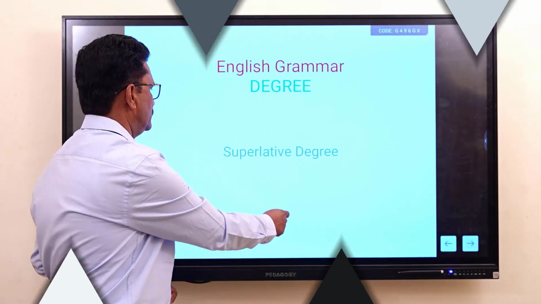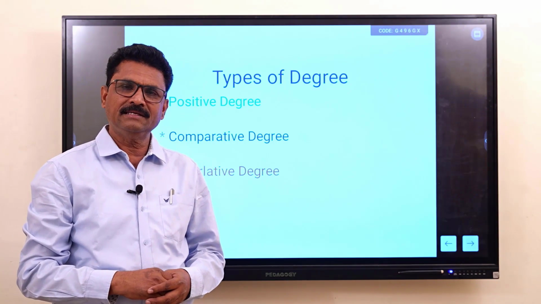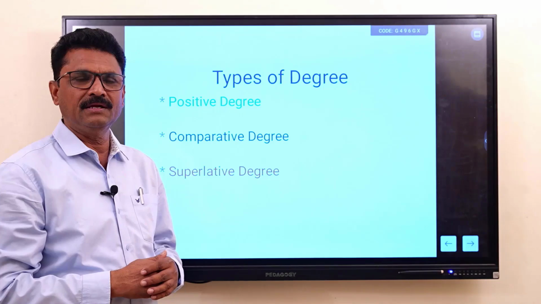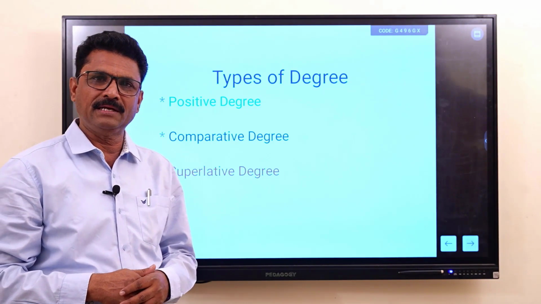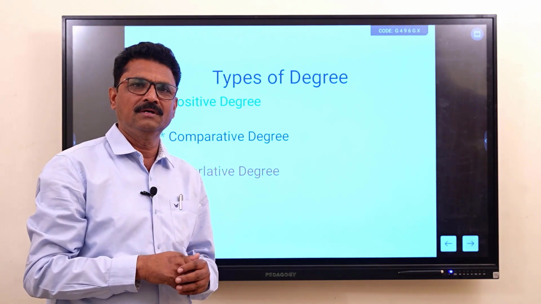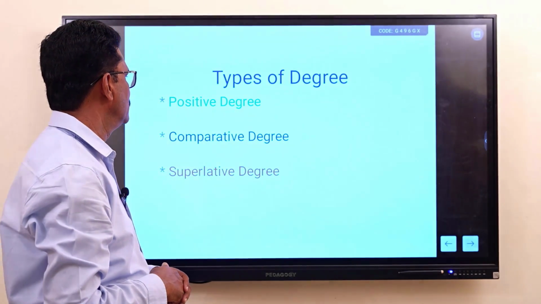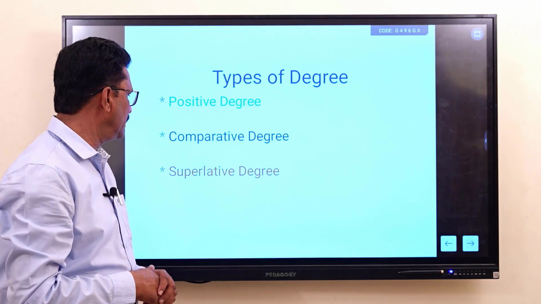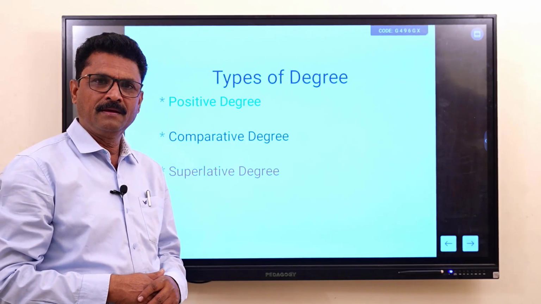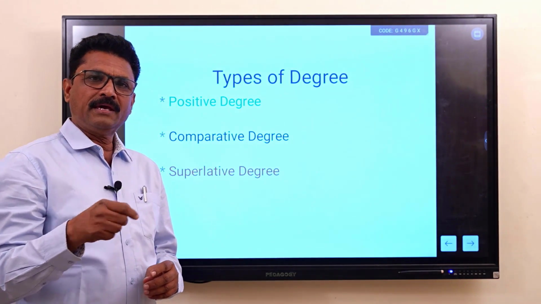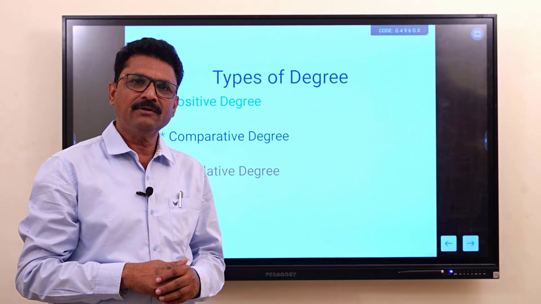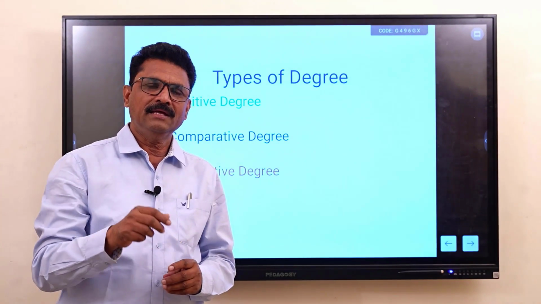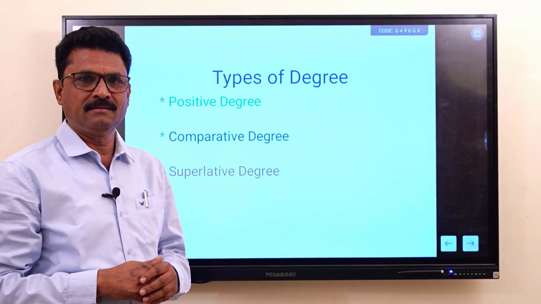Let's learn. Before starting how to convert superlative degree into positive and comparative, we have to focus on the types of degrees. Look here: positive degree, comparative degree and superlative degree. We can convert positive degree into comparative and comparative degree into positive when there is a one-to-one comparison.